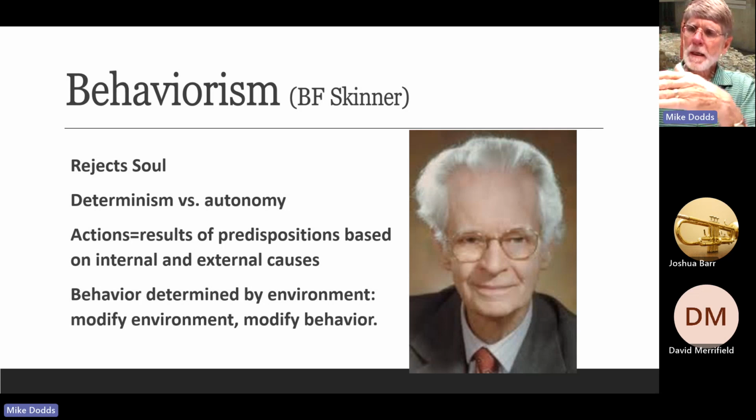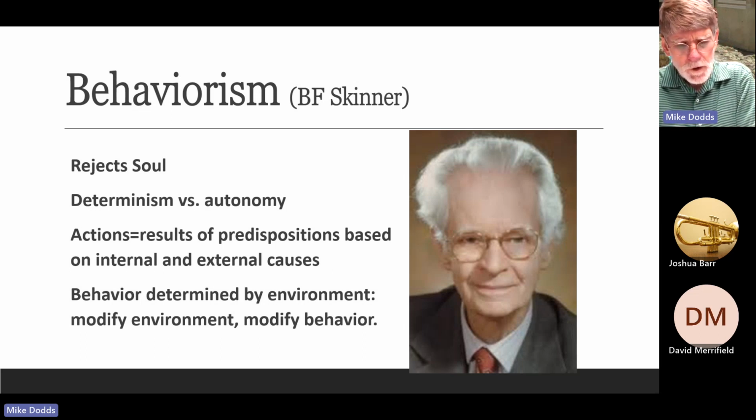And as a result, I will react out of that. I've been determined, predisposed to behave in a certain way because of that hurt. Hurt people tend to hurt people. That sounds similar. That's a parallel to what Skinner was talking about.